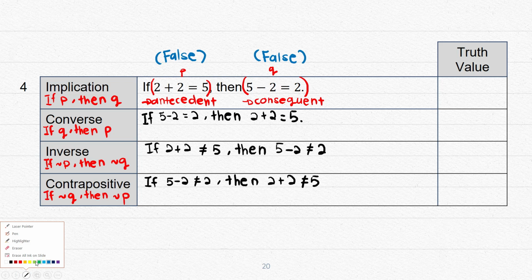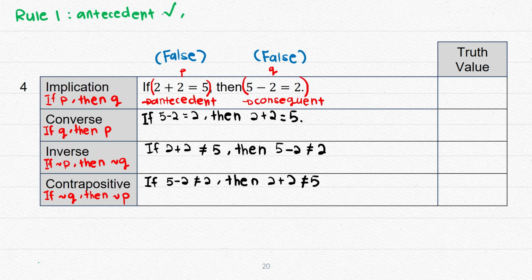Before we proceed, I will write rule number 1 and rule number 2 up here. Rule 1 says that if the antecedent is true, the consequent also needs to be true for the implication to be true.